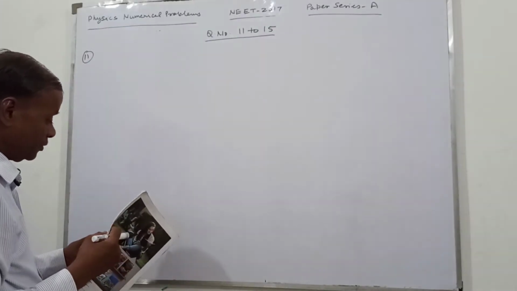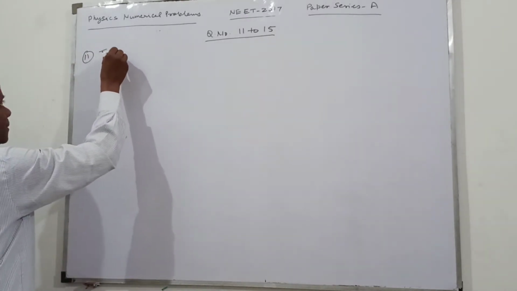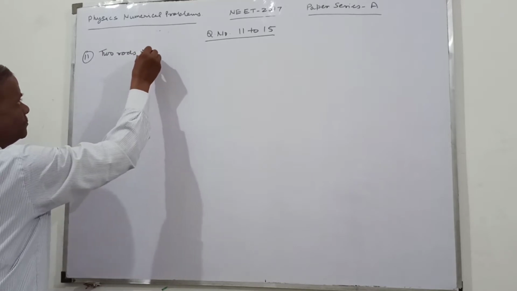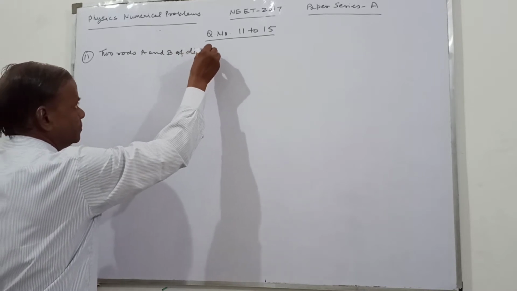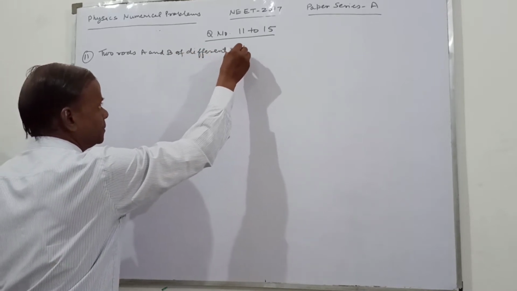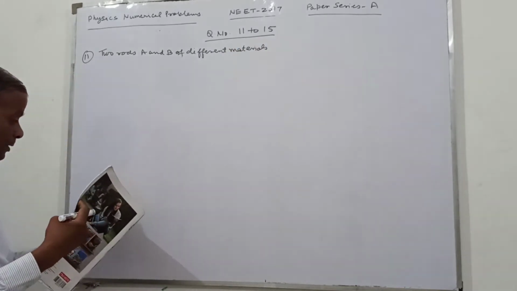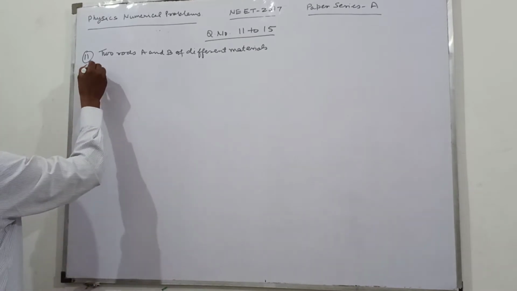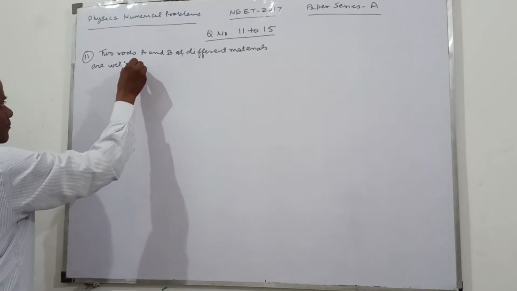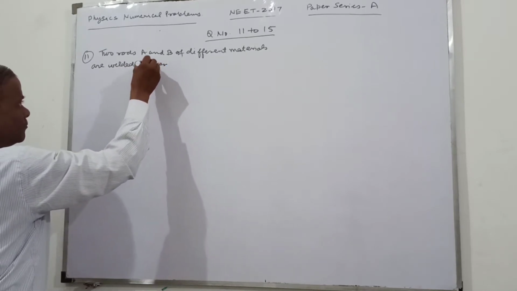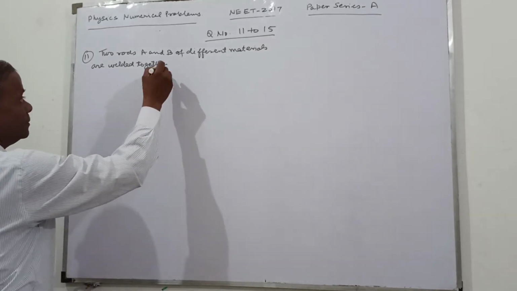Two rods A and B of different materials are welded together as shown in figure.